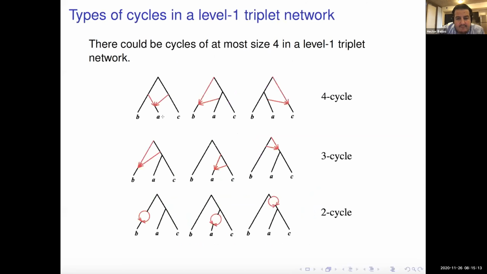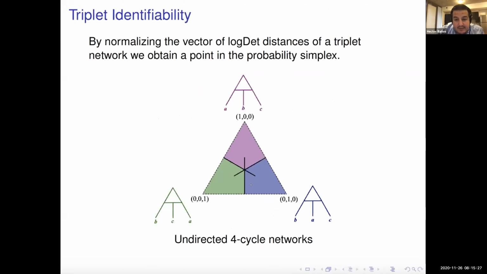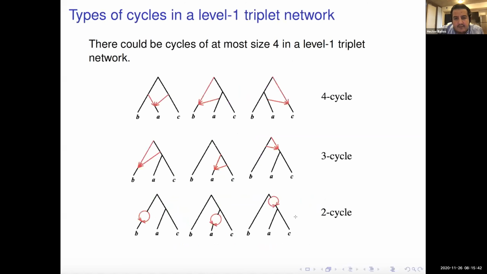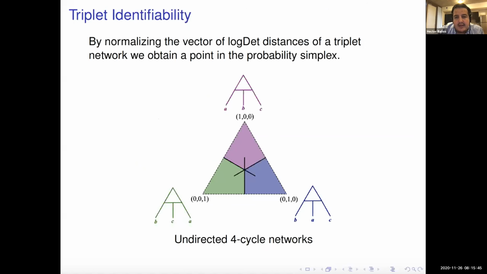For example, for all these 3 triple networks with 4 cycles, you can see that A is always in the middle, right? So for these networks, the normalized triplet of log distances will lie in this region where A is the one in the middle, independently of who is the hybrid node. If we switch A and B in any of these networks, then that point will lie in this plum region. Sound all right?